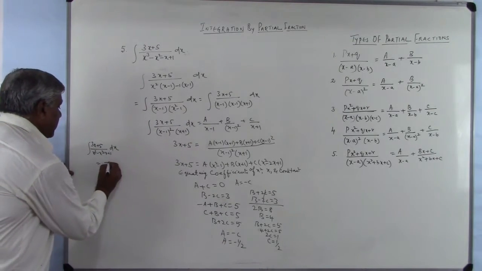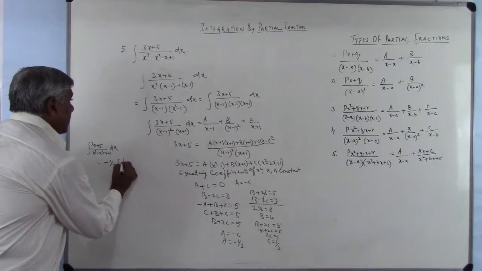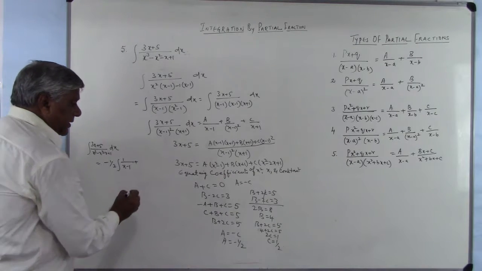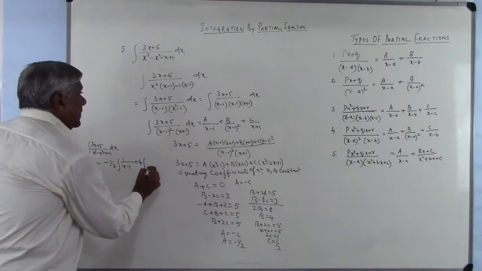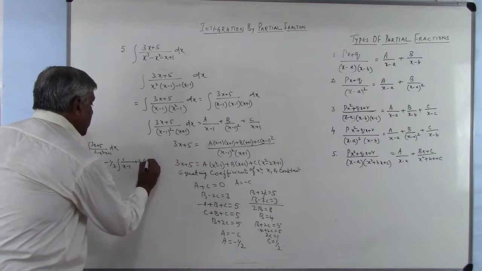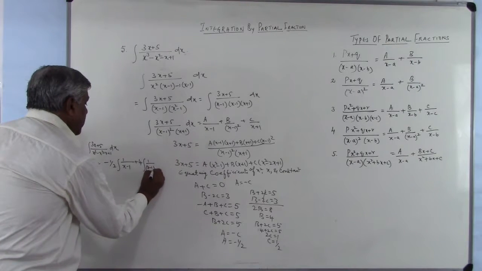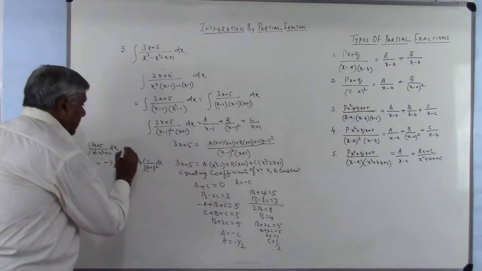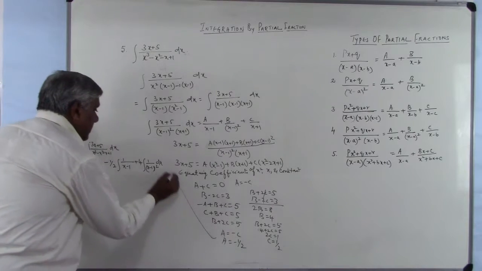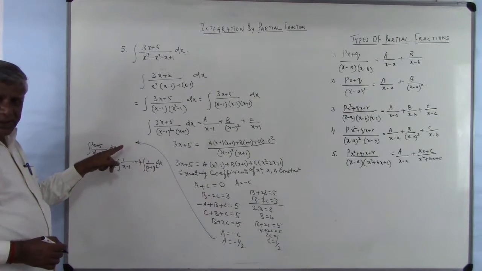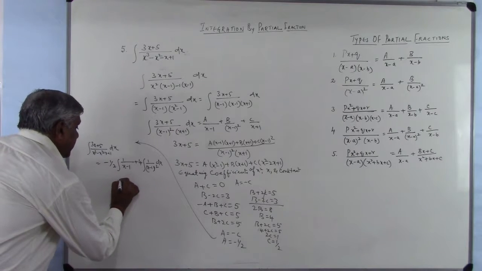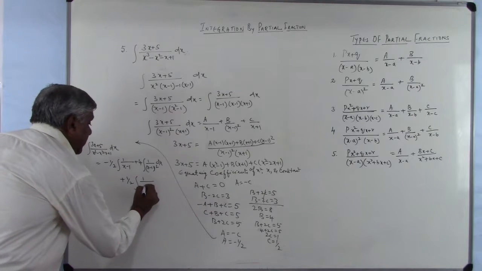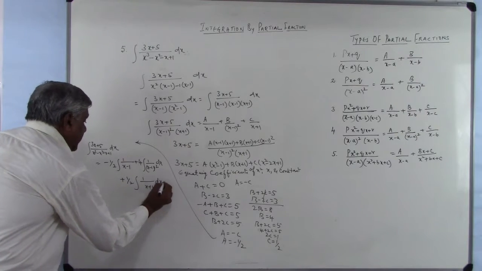Minus half integral 1 over x minus 1 plus b is 4 integral 1 over x minus 1 whole square into dx, plus half integral 1 over x plus 1 into dx.